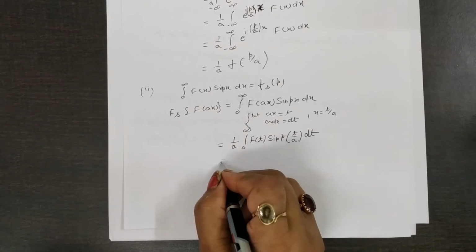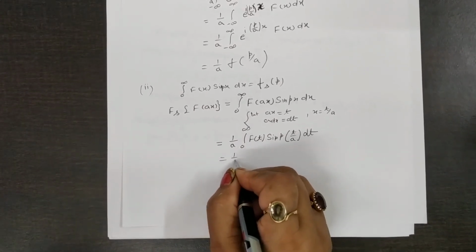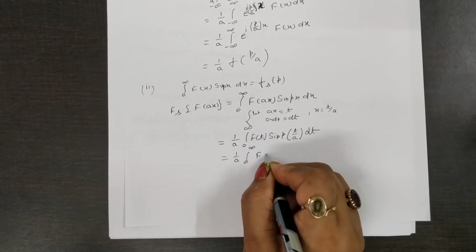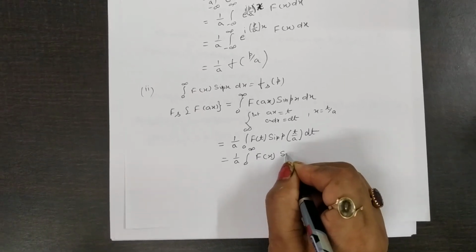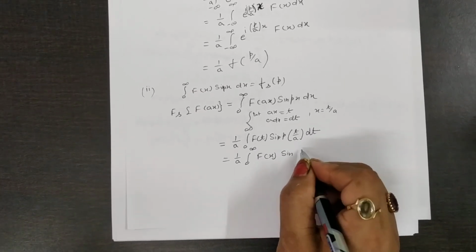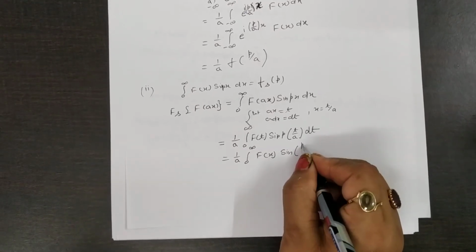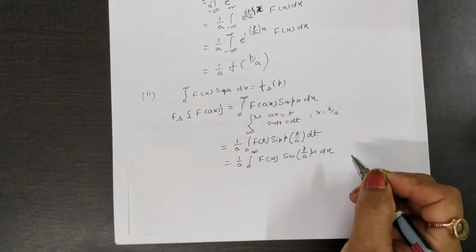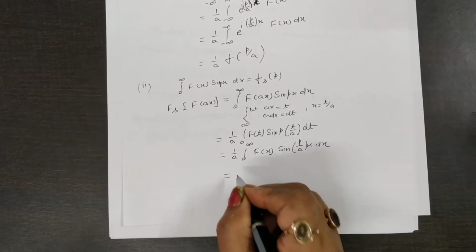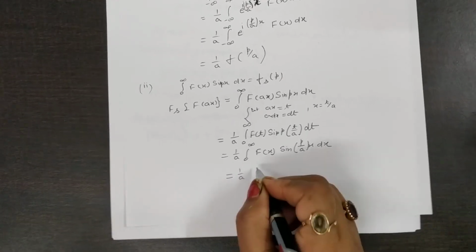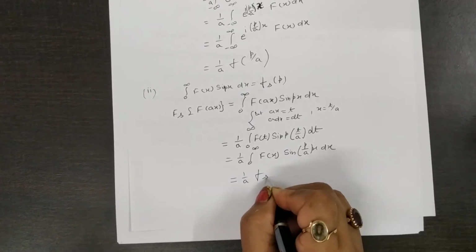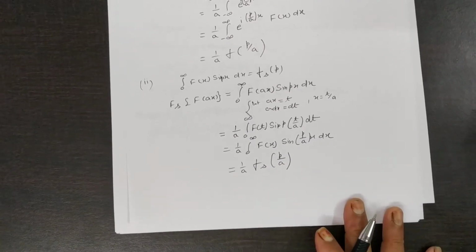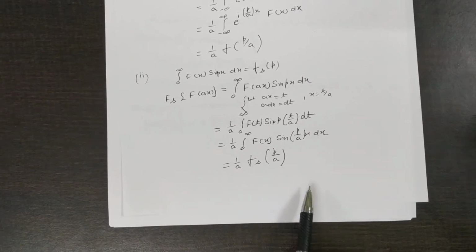Using the definite integral property, this is 1 by a times the integral from 0 to infinity of f(x) sin of p by a x dx, which is equal to 1 by a F_s of p by a. Clear?